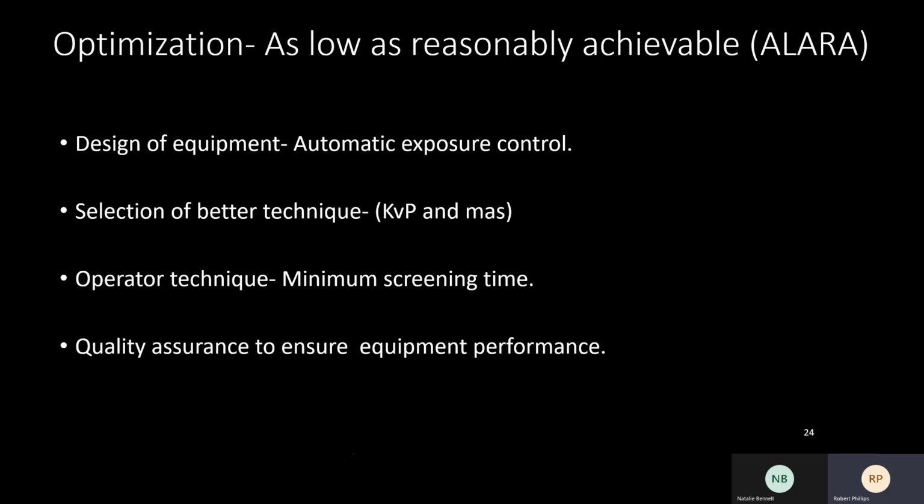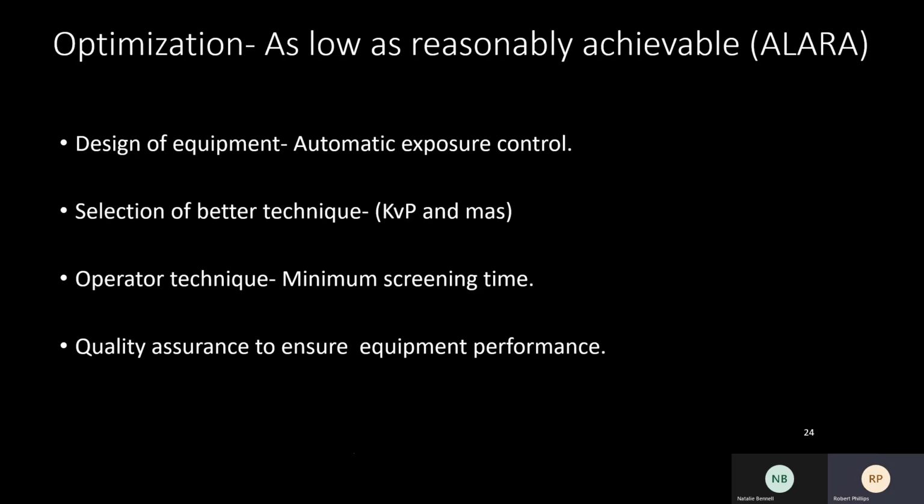For example, increasing tube potential, tube voltage, will increase the energy of the X-ray and it will penetrate. Penetrating X-rays won't deposit dose in the body. So in pediatric patients, we use high kV X-rays. So, selection of better technique.